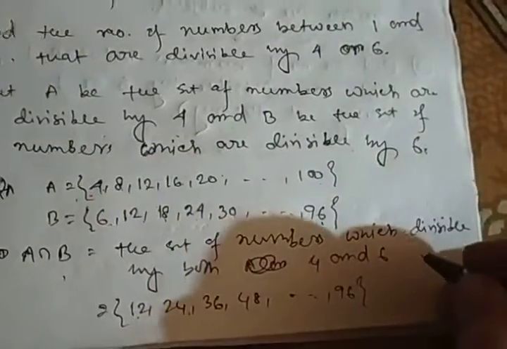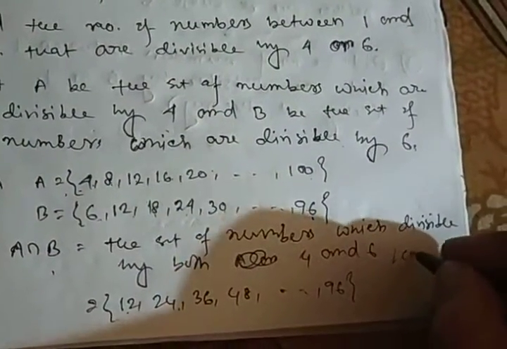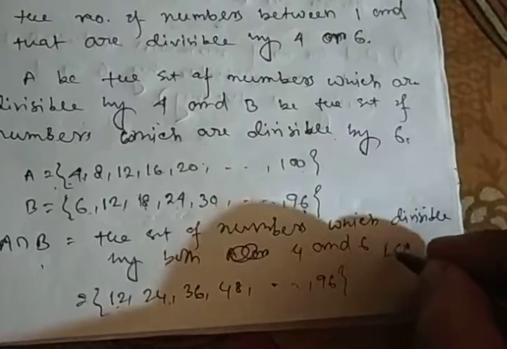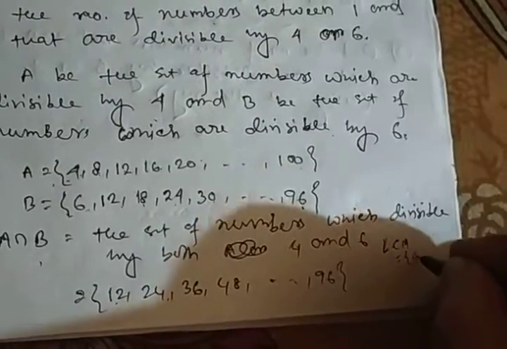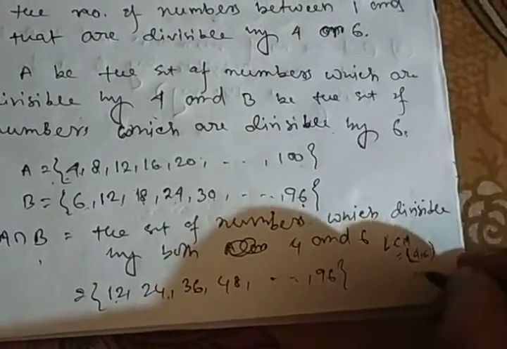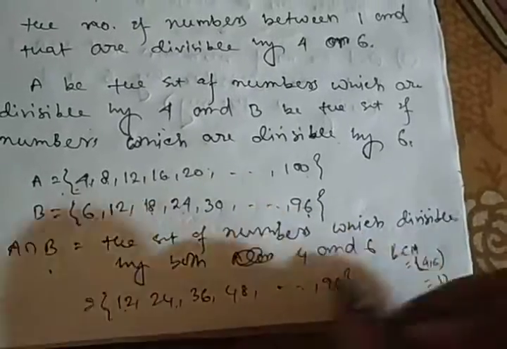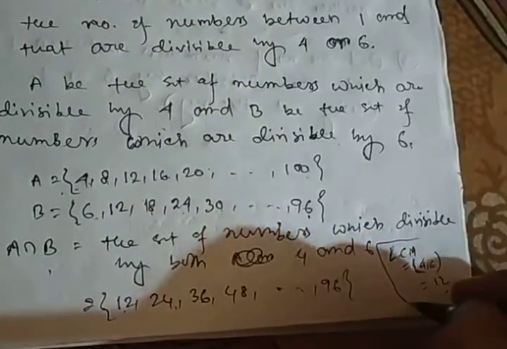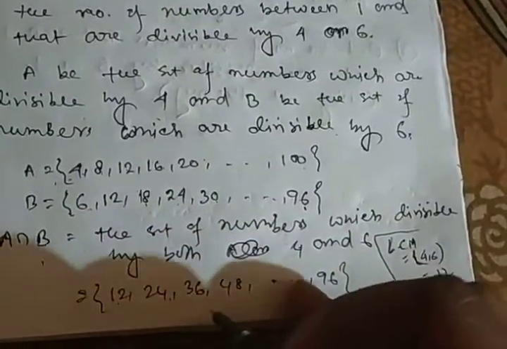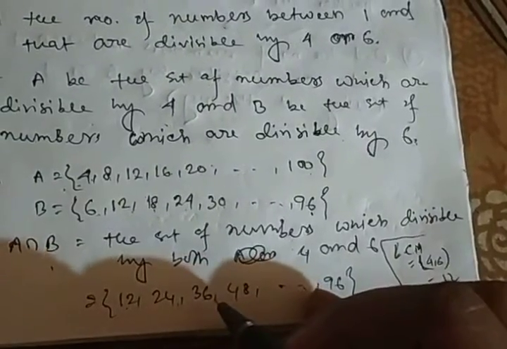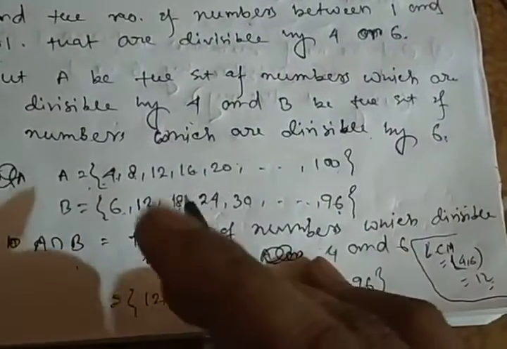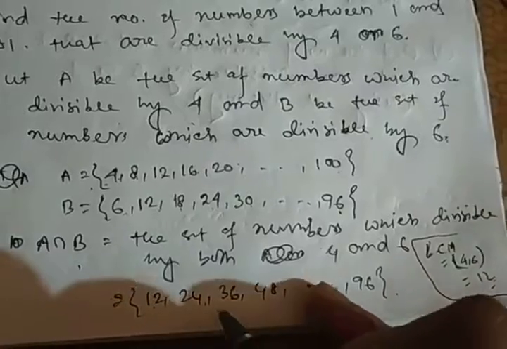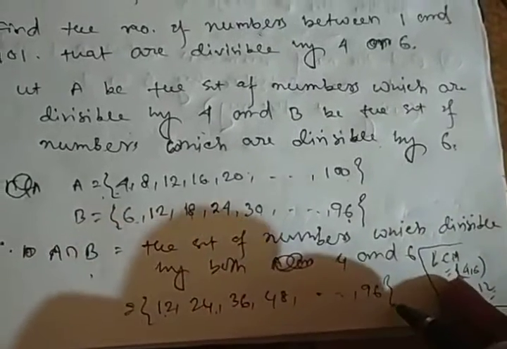Now the LCM of 4 and 6 is equal to 12. So the multiples of 12 are the elements of A intersection B, which are 12, 24, 36, 48 up to 96.